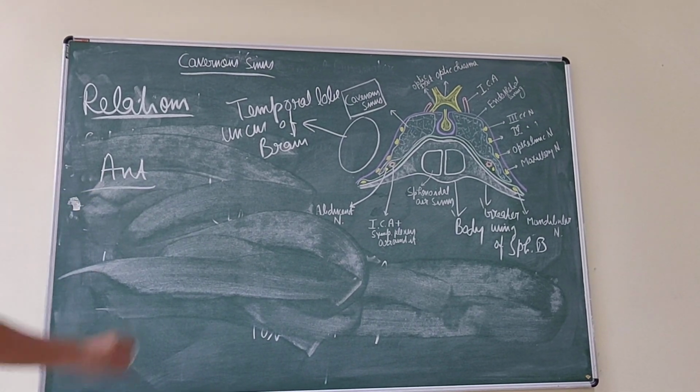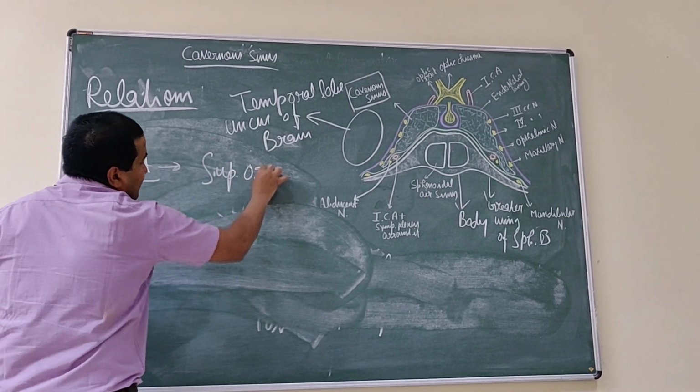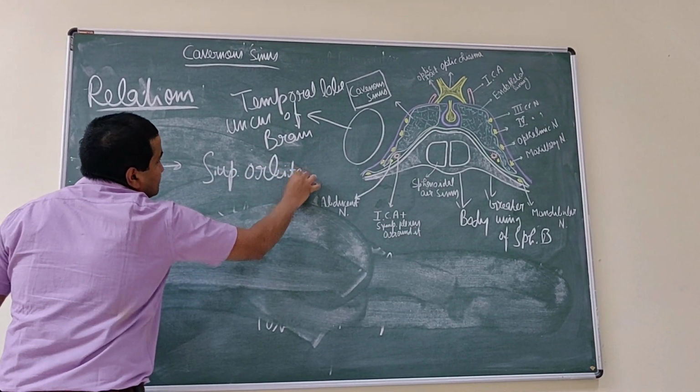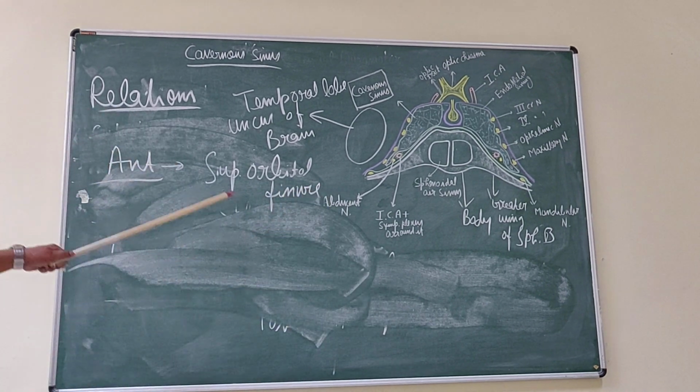This cavernous sinus is anteriorly related with the superior orbital fissure, as we have discussed, closely related to the orbit.